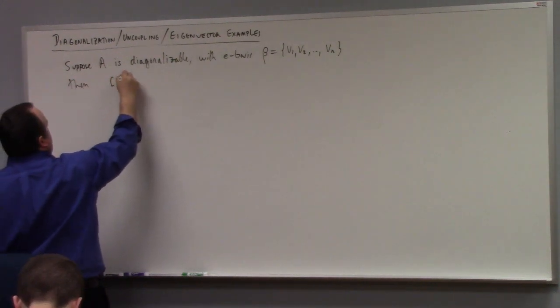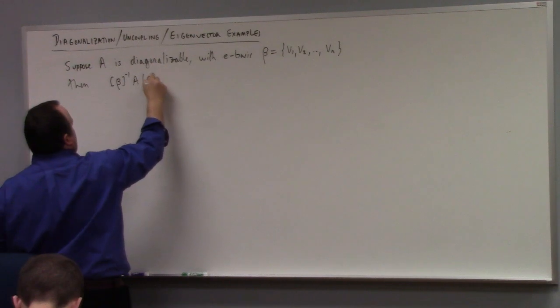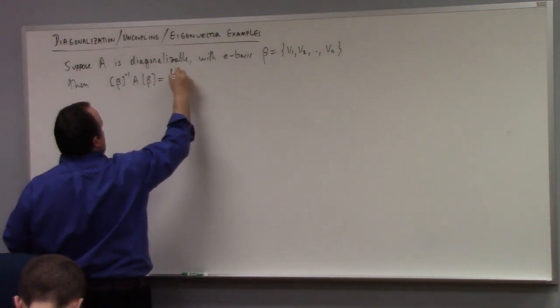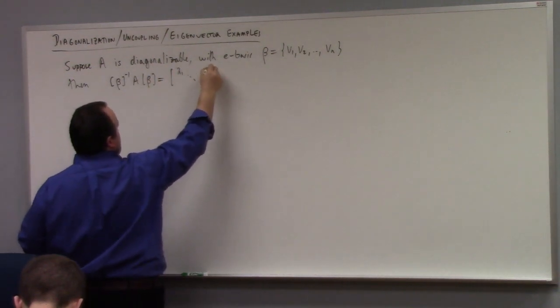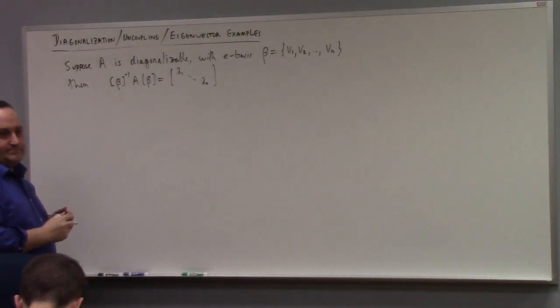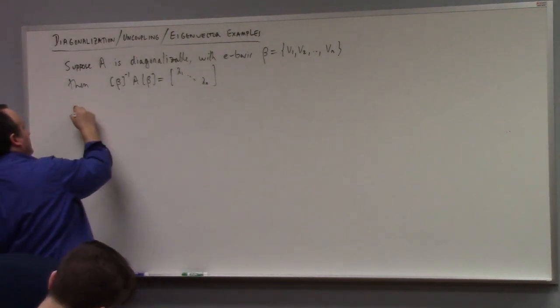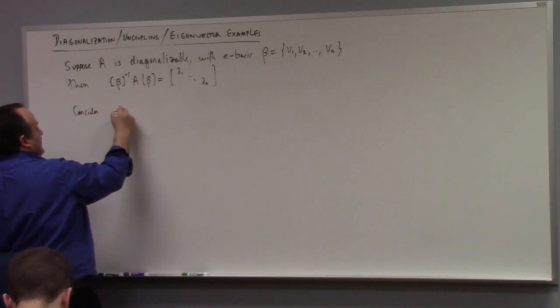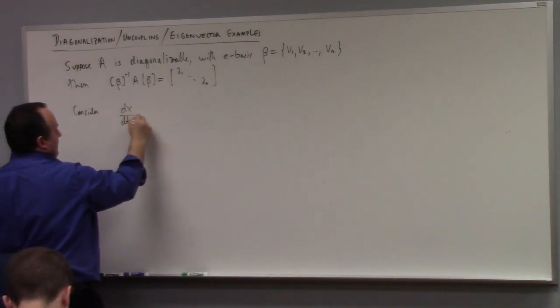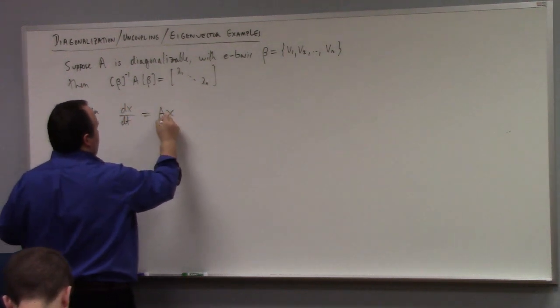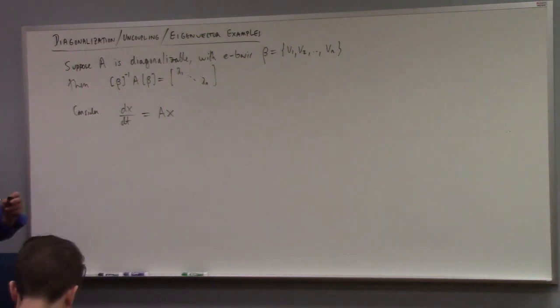Beta inverse A beta is equal to what? The diagonal matrix with lambda 1 through lambda n, right? Consider dx/dt equals Ax. This is the system of differential equations with coefficient matrix A.